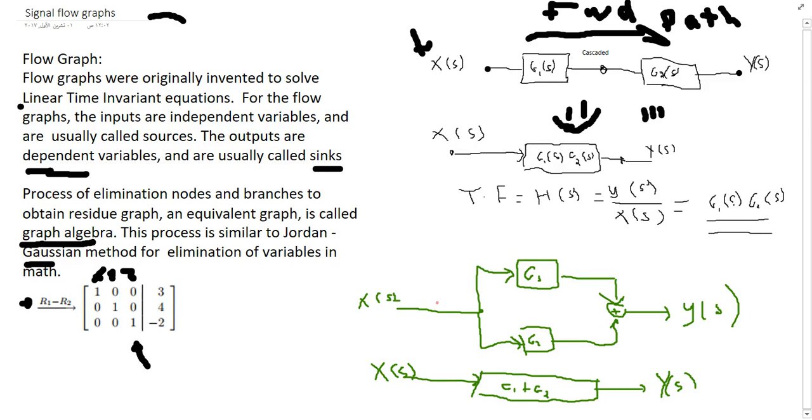Now if they are parallel, like this one with this one, we have this node as a summing node, and this node here we call the pickup point node.